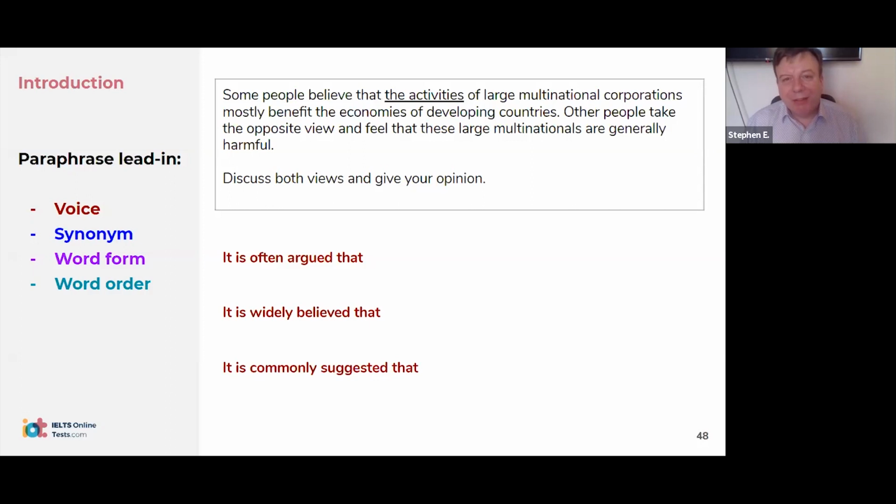Right. Activities. So how would you paraphrase that? Actions, okay. Operations, okay. Of. So large, big, huge. Okay, good, very good.